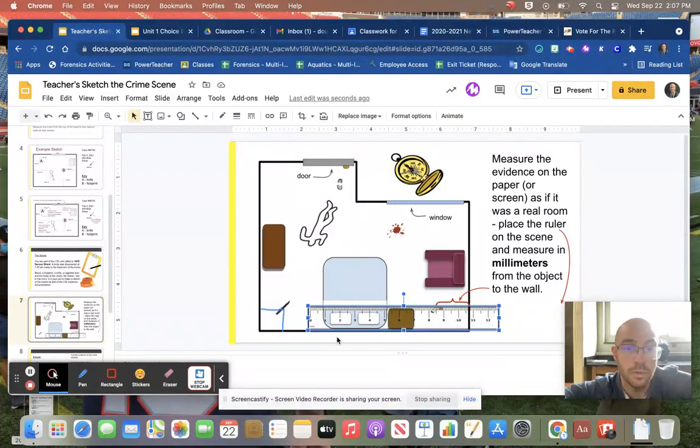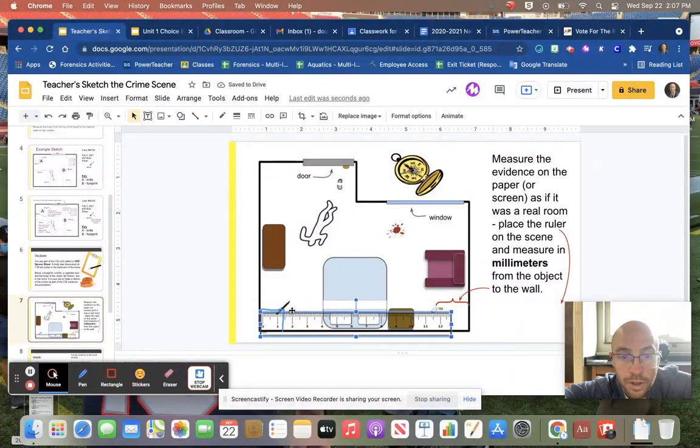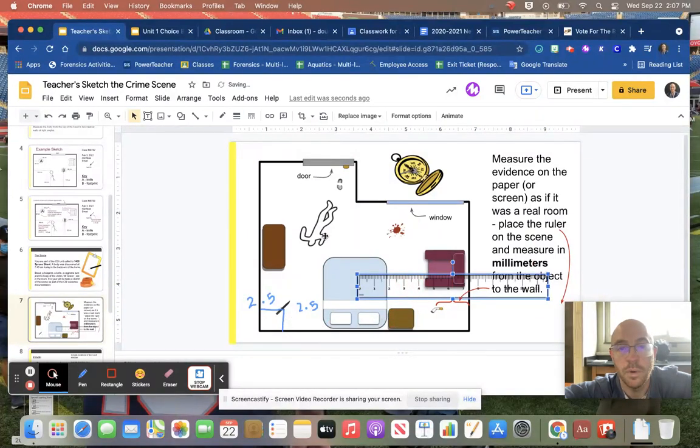Then if we used our ruler, we'd measure it out over here, and that distance comes out to about 2.5 centimeters from this side. And the measurement over here is also 2.5 or close to that. And we did that for all of these.